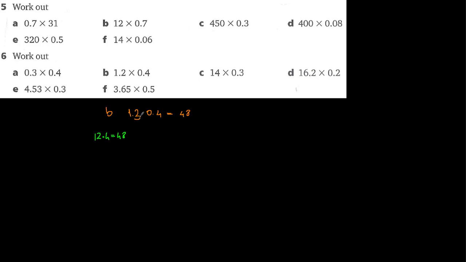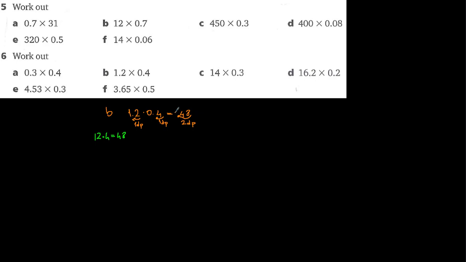Then I'm counting here: there is 1 decimal place, 1 plus 1, 2 decimal places. Sorry, I'm going to do the other side, all the arrows. I'm sorry. Here 1 decimal place, again 1 plus 1, 2 decimal places it's going to be, which means counting from the end.